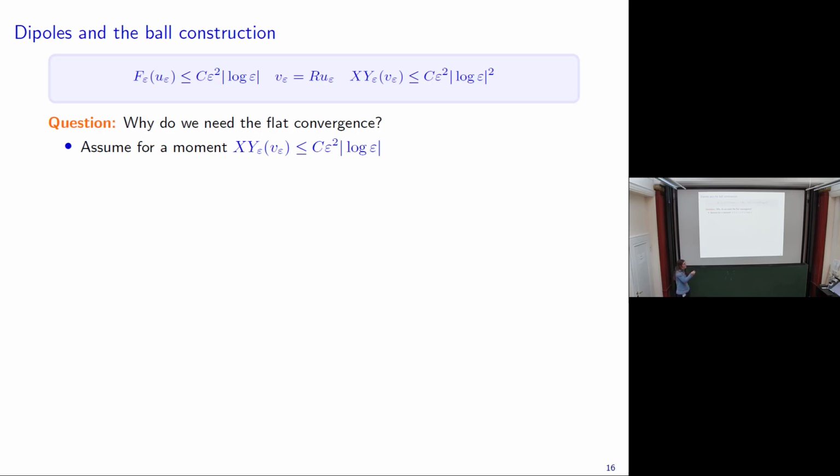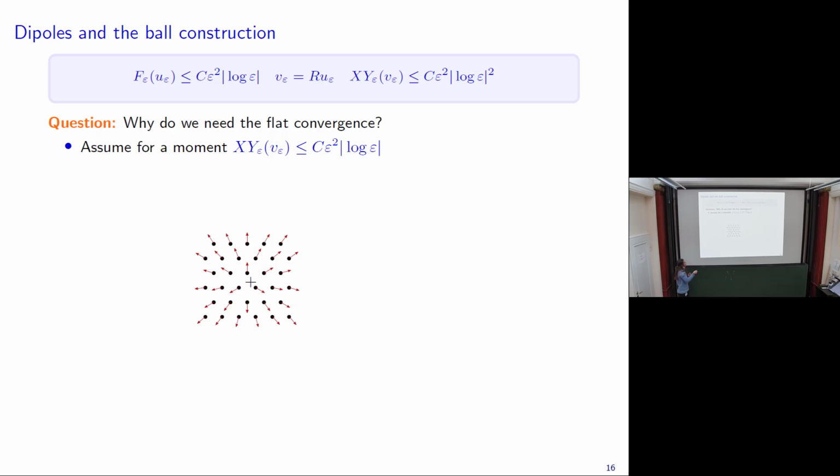We don't have it, but let's assume for a moment that we had it. We saw in these cartoon computations that typically these configurations, which have the positive discrete vorticity here, if they continue like this, they pay like the logarithm of epsilon already.